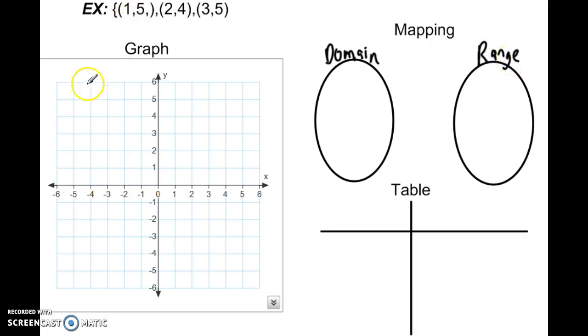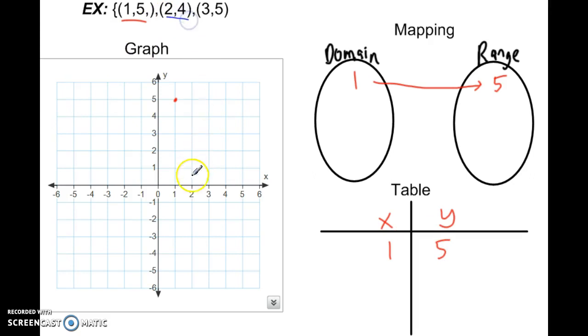So if we were to graph the point 1, 5, like we did a second ago, we would also say 1 maps to 5, where 1 is the domain and 5 is the range. We could call these x and y for the table. So in the table, that would be 1, 5.